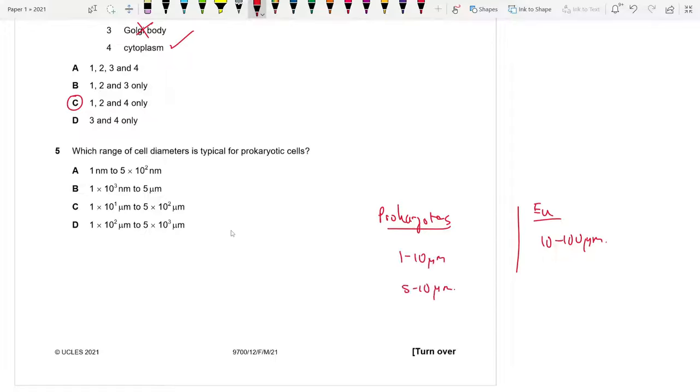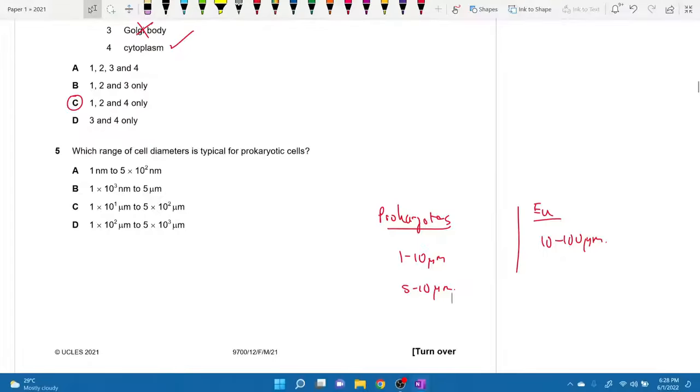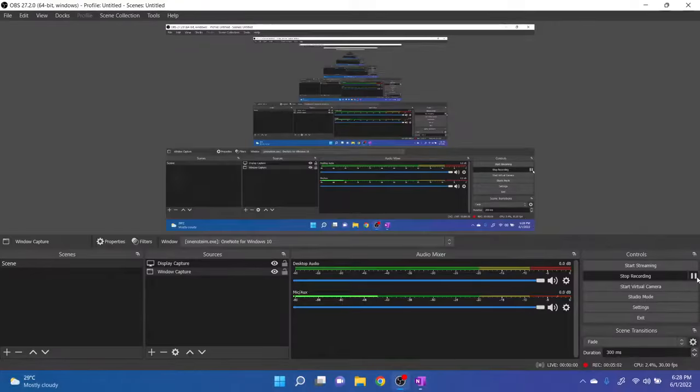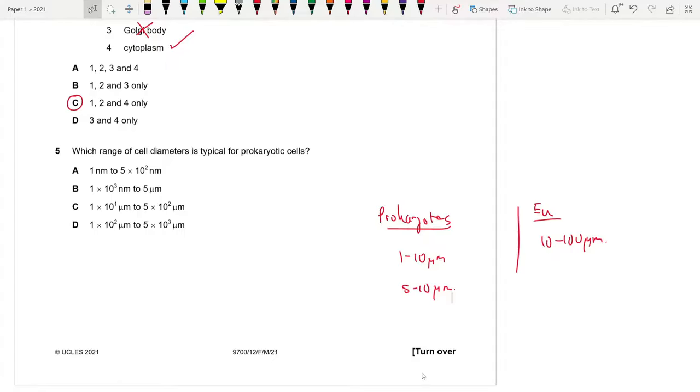Anything works. So let's see which one works. 1 nanometer to 500 doesn't work, right? So 1 nanometer definitely doesn't seem right. So that's wrong. Now look at C. It's 10 to 500 micrometer.